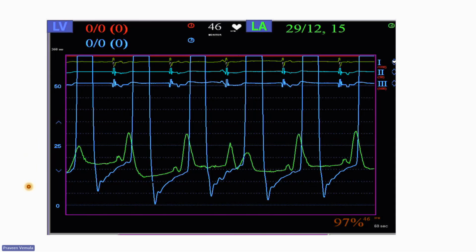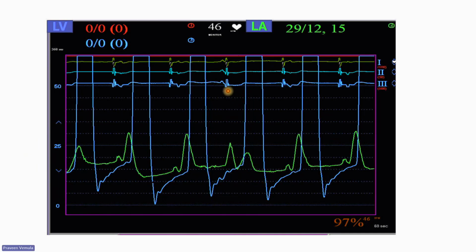What is the LV end-diastolic pressure? Where will you find it? Peak of the A wave. So this is the sinus beat here, the only sinus beat.